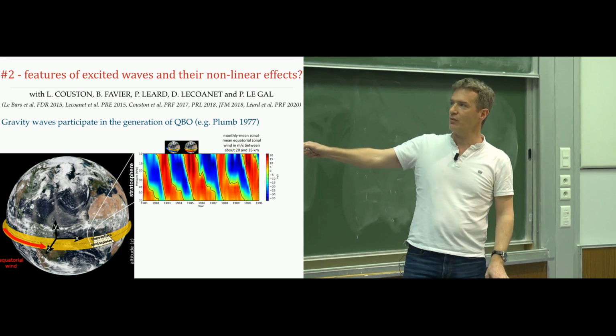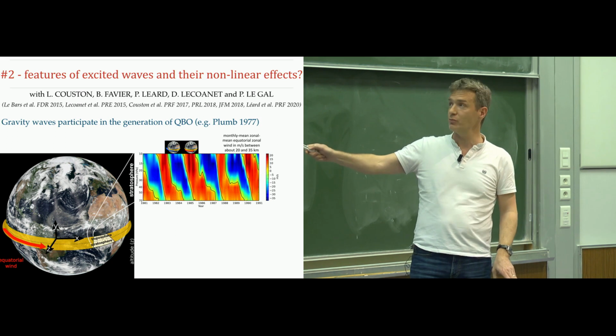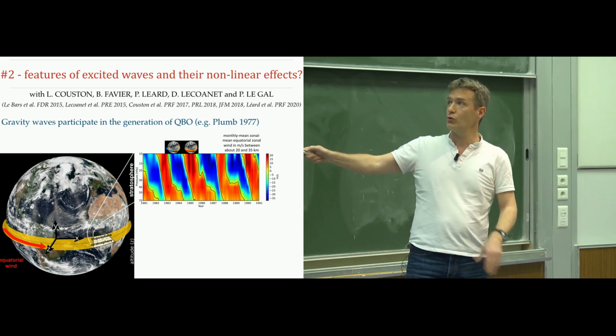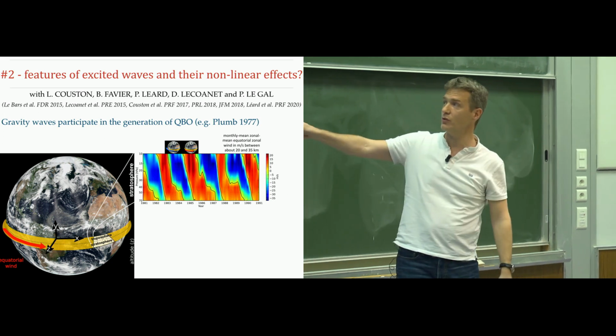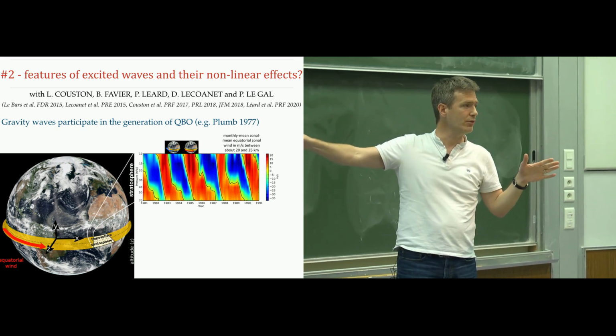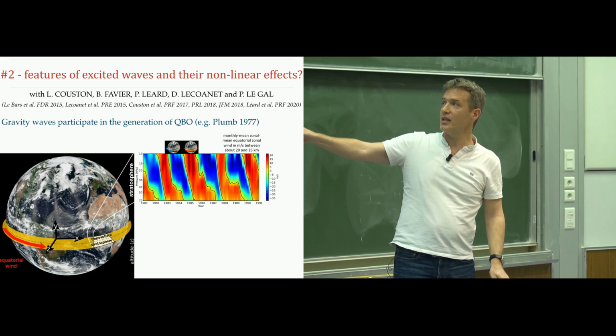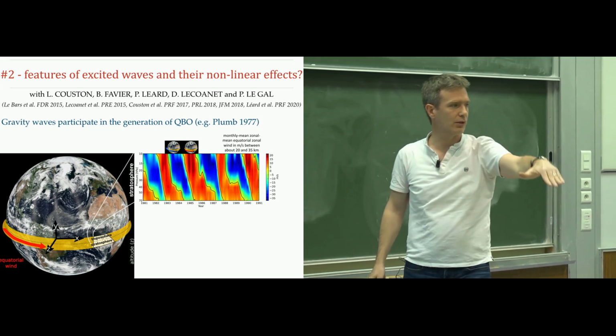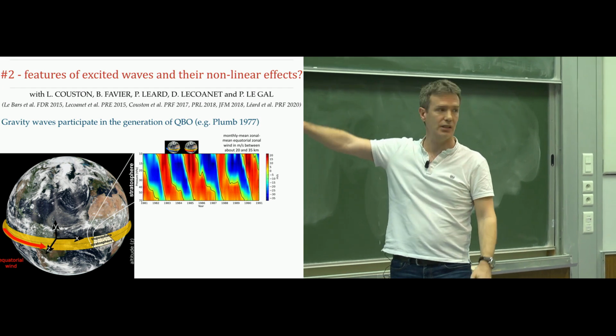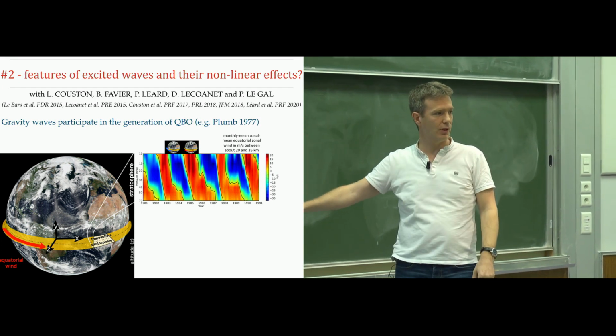And you see that every 14 months you have a reversal. Sometimes they all go towards the west, sometimes they all go towards the east, and you have reversal taking place every 14 months, starting at the top of the stratosphere and going down. So we have a nice phase velocity towards the bottom.